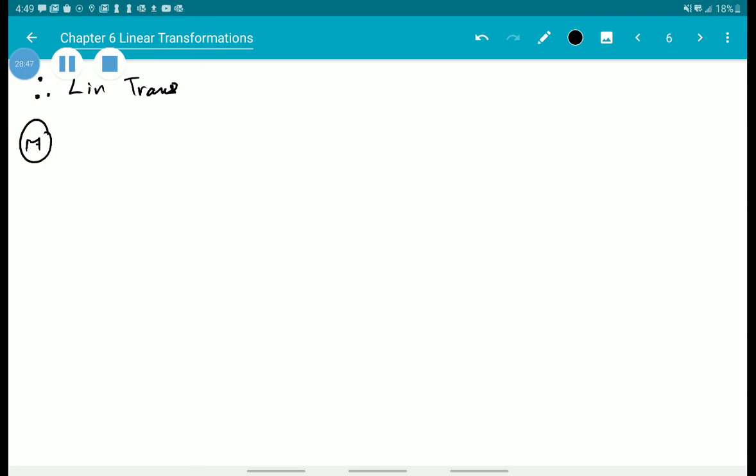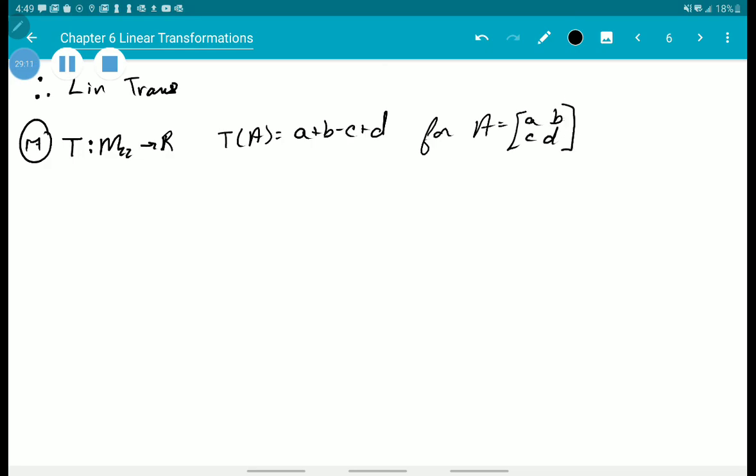I'm just going to recopy the problem. So let's come up with two matrices that are 2 by 2s.